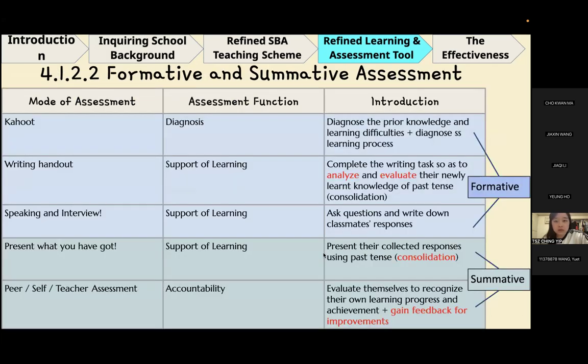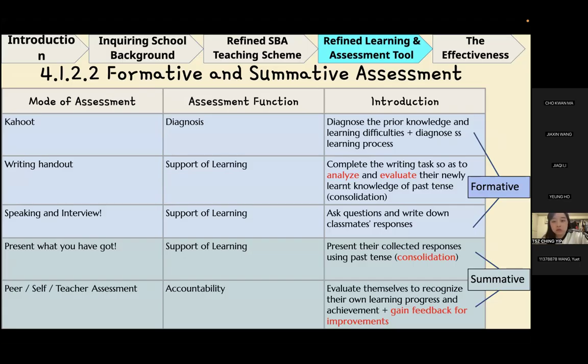And for the formative and summative assessment, we have different modes of assessment and their functions and introductions as shown. Kahoot functions as a diagnostic assessment, as it can monitor the prior knowledge and students' learning difficulties, which can monitor their learning process as well.